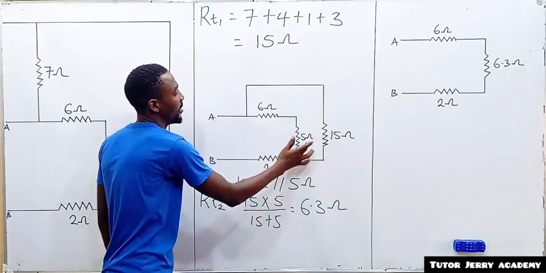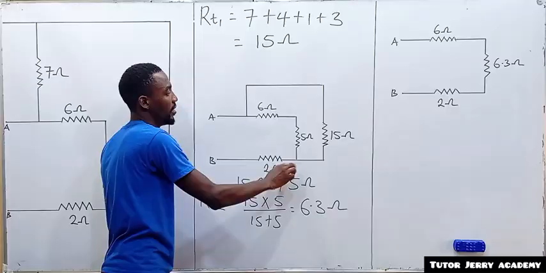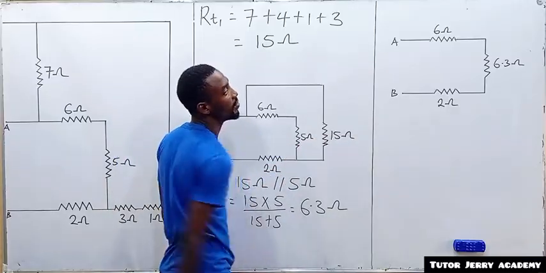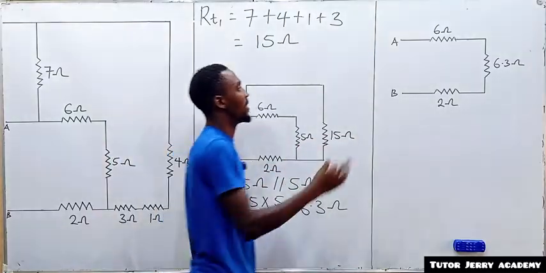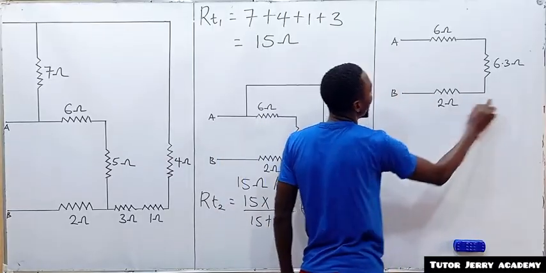Now that we have combined this and this together, we can remove this, then replace this 5 ohms with 6.3 ohms. So you can see that everything will now be in series.